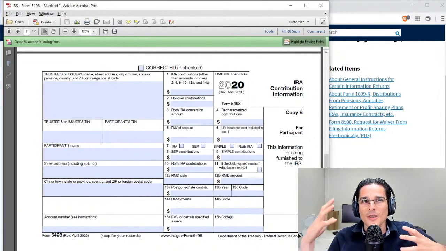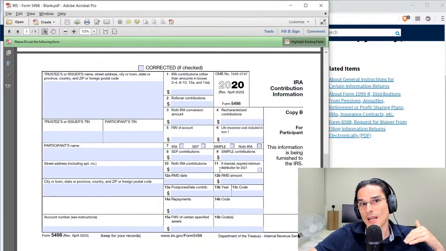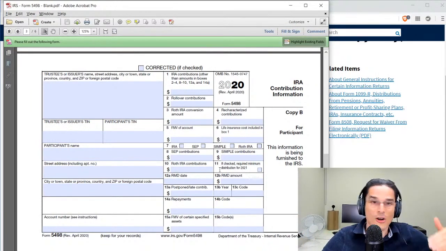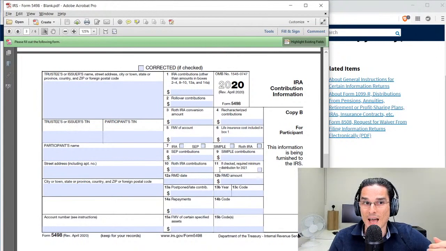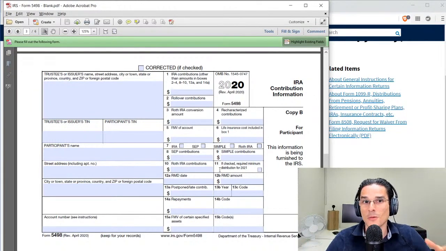And that's why these two forms kind of work together, because if you have contributions to retirement accounts, then you take some funds out. If you have RMD distributions and things of that nature, generally 1099-R and 5498 are going to work together. But 5498 focuses generally on contributions and transfers to and from retirement accounts, mostly IRAs, but also others are included as well. So that's the idea behind the form.